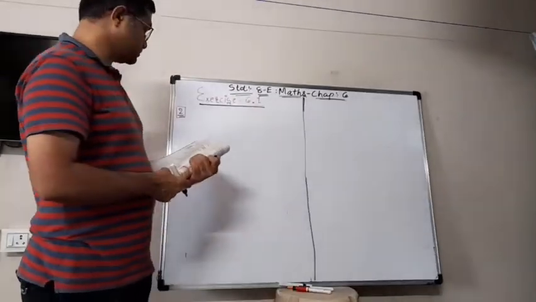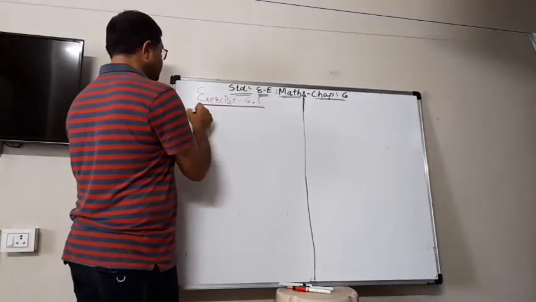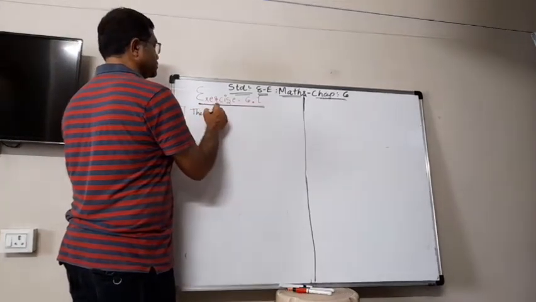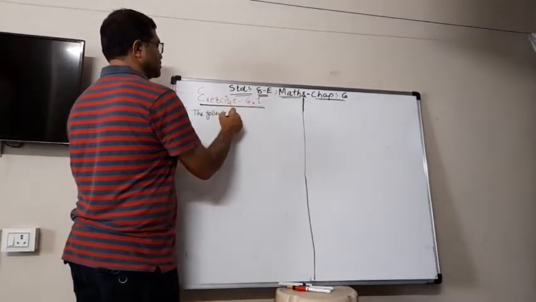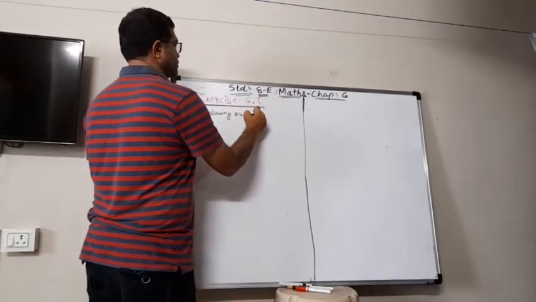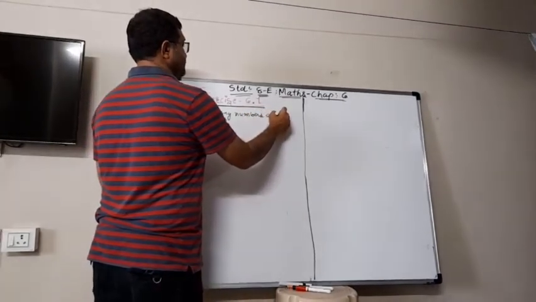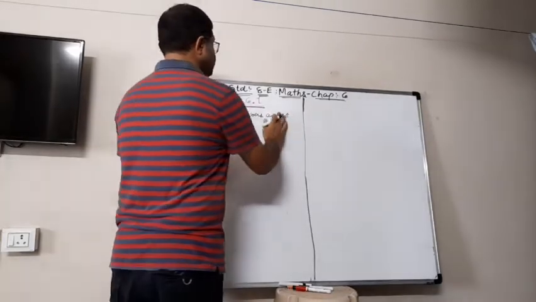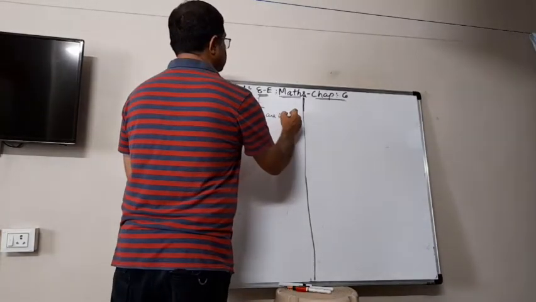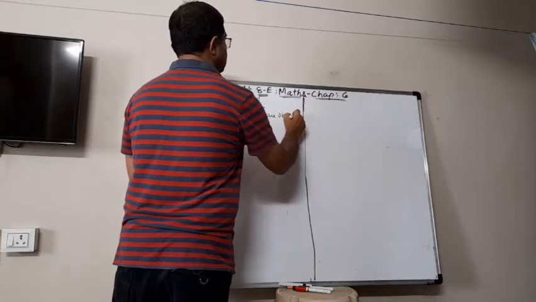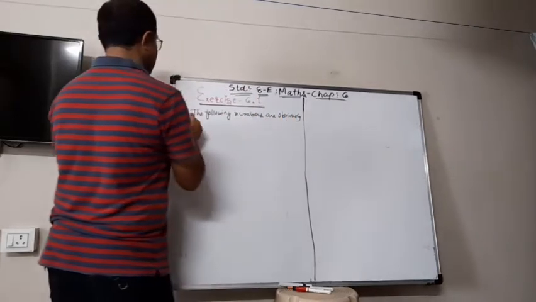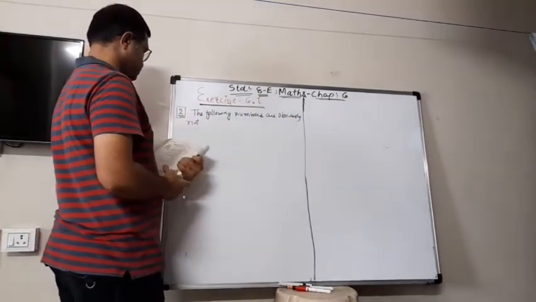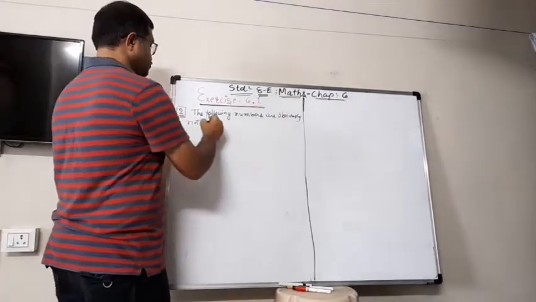Now second question. The following numbers are obviously not perfect squares.